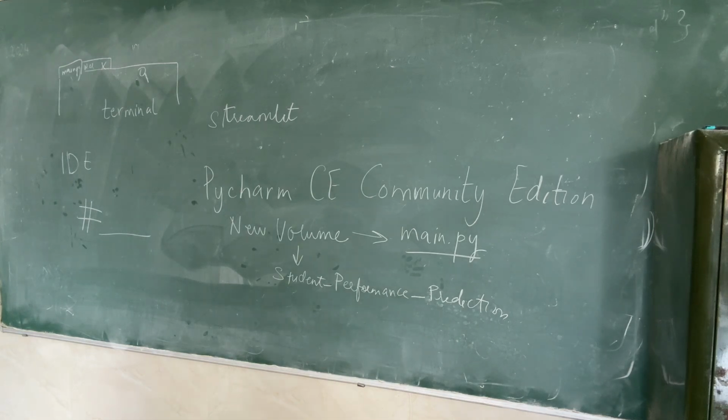Okay, just wait for it. Okay, no, wait. Sorry, why did you go back? Changes have been made. Okay, so you got this over here, right? Streamlit. It will come.